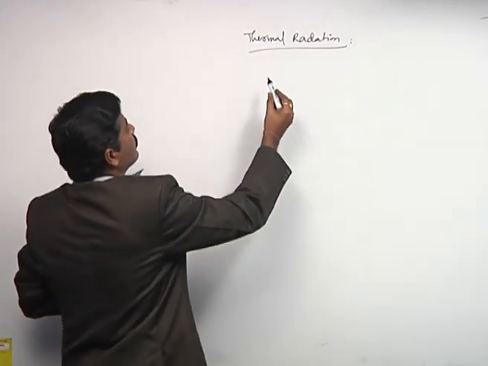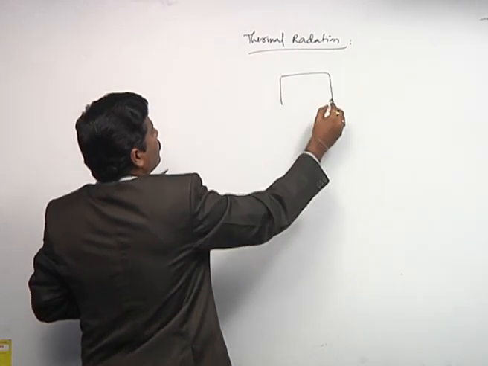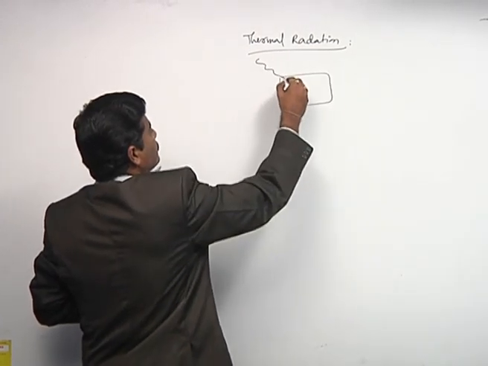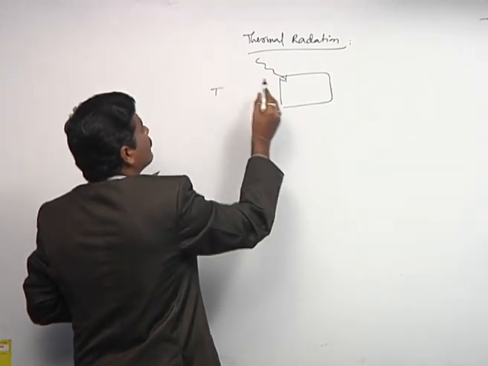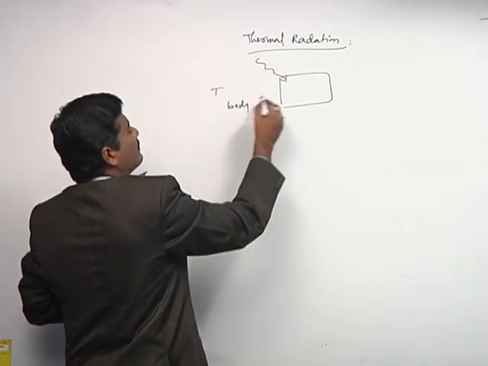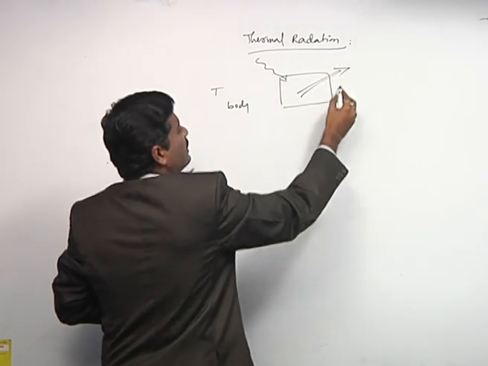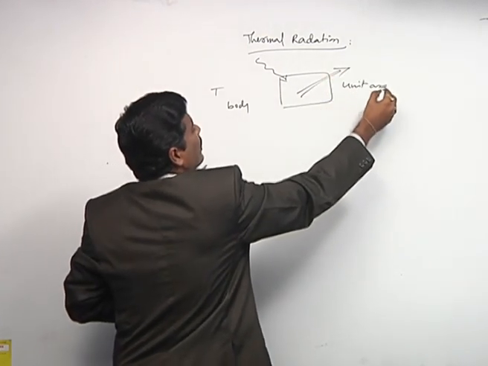After that, suppose energy is incident on a body. After some time, this body radiates energy, which we take per unit area and unit time.